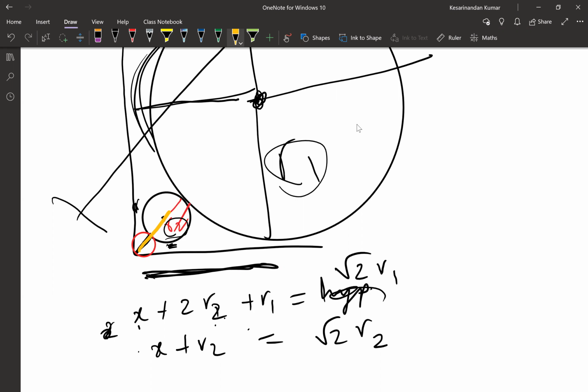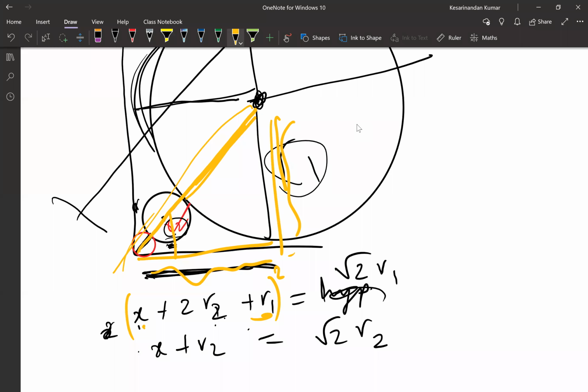So guys, the question here would be using the Pythagoras theorem for this triangle first and then this triangle. For this bigger triangle, the hypotenuse is x plus 2 times r2 plus r1, whose square is equal to r1 square plus r1 square.